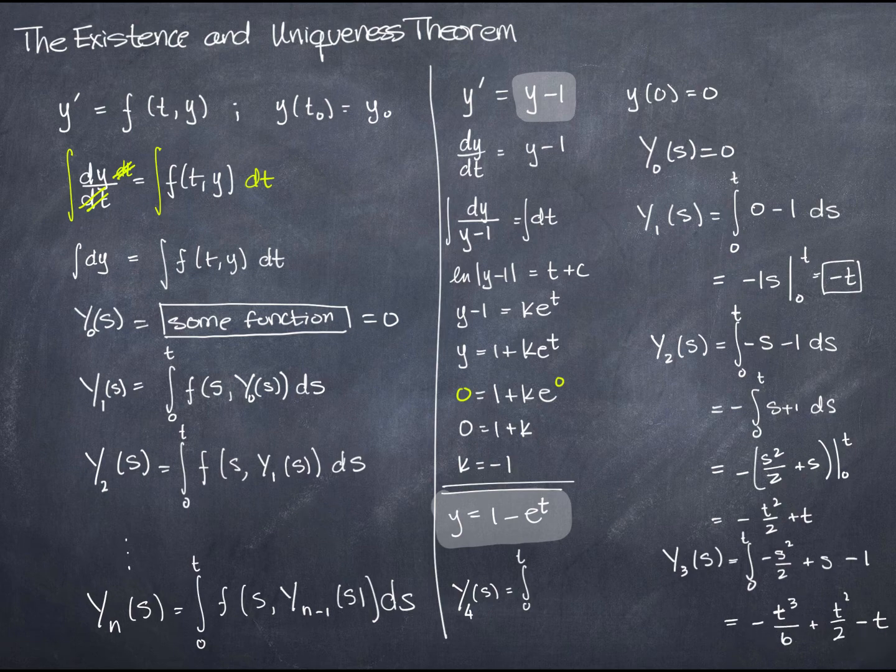That function there with t replaced by s is going to be negative s cubed over 6 plus s squared over 2 minus t minus 1 ds.